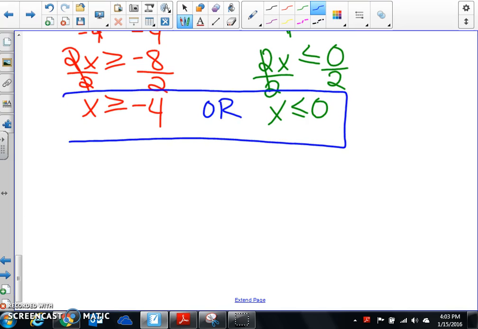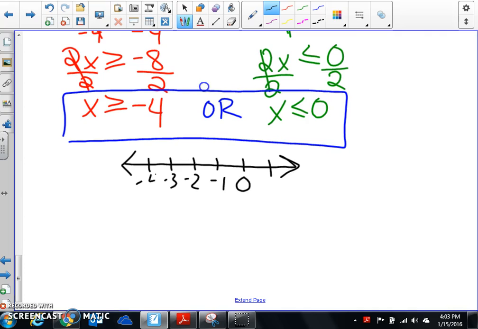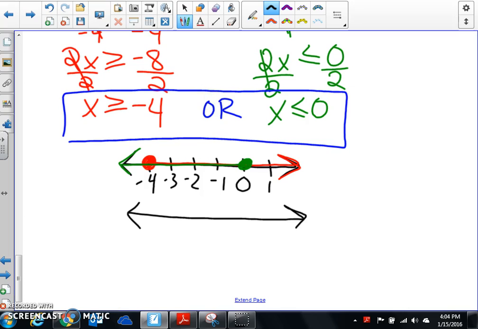So that's my solution. Let's set up our graph. I go to negative 4. It's a closed circle going to the right. I go to 0. It's a closed circle going to the left. This is an or, so either one works. So actually, I have to redo my line, and the answer is all real numbers.